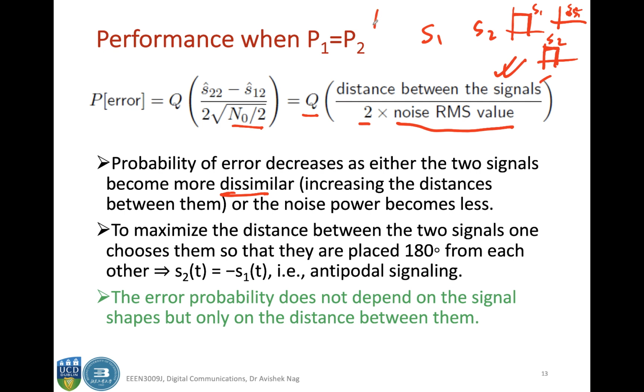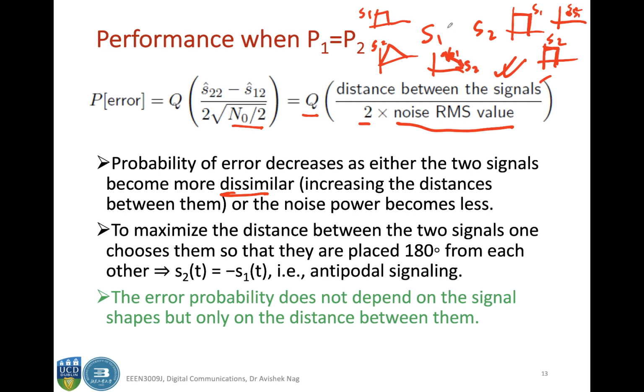So let's say I have S1 like this and your S2 is like this. If you plot these two signals in the signal space, they might look like this. So you see the distance here is some finite value.